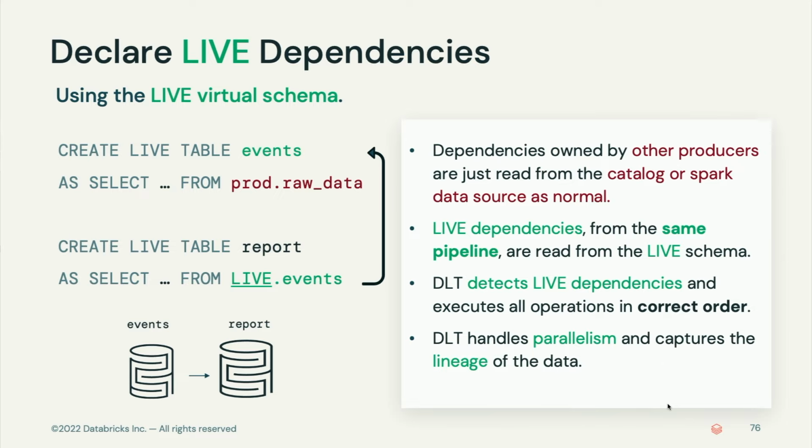And this is what the live virtual schema does. This is a virtual schema inside of Unity Catalog. And when you say live.events, what you are really saying is give me the correct copy of events for the environment that I'm running in. We figure out how to link these two things up together. And we automatically detect all of these dependencies, run them in the correct order, handle parallelism, and we also give you this nice lineage graph, which Nitin was just showing off.